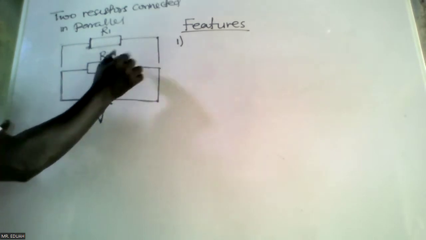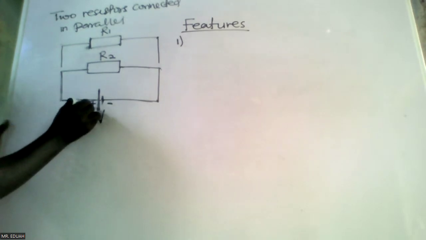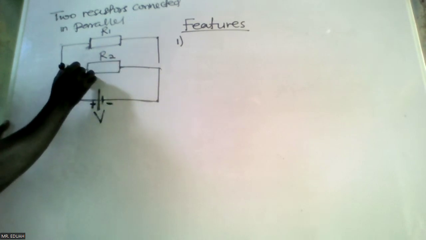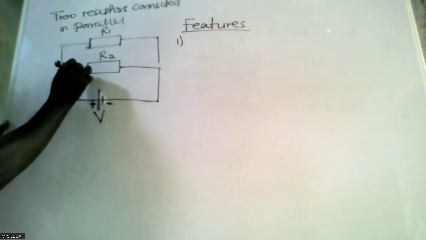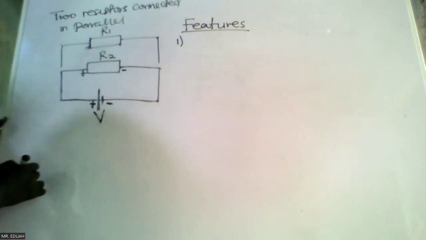This side is also connected to the negative of the source, meaning whatever this side has is what has been given to this. So this would be exposed to a positive potential, and this side to a negative potential.